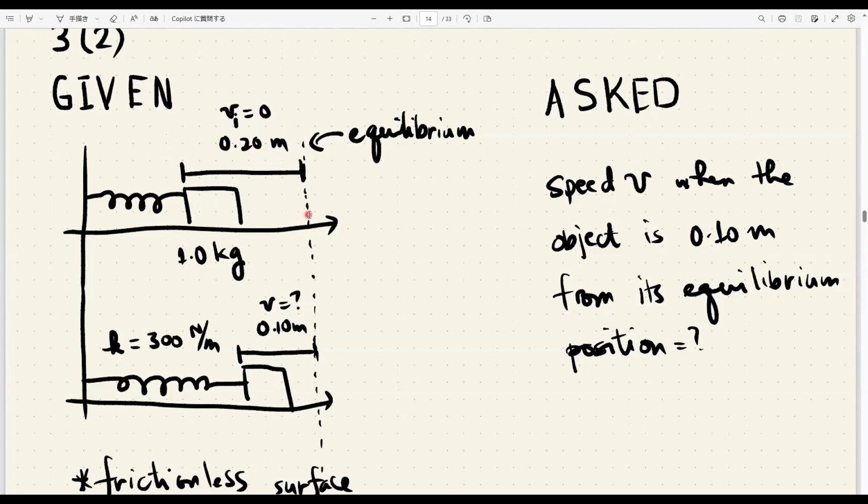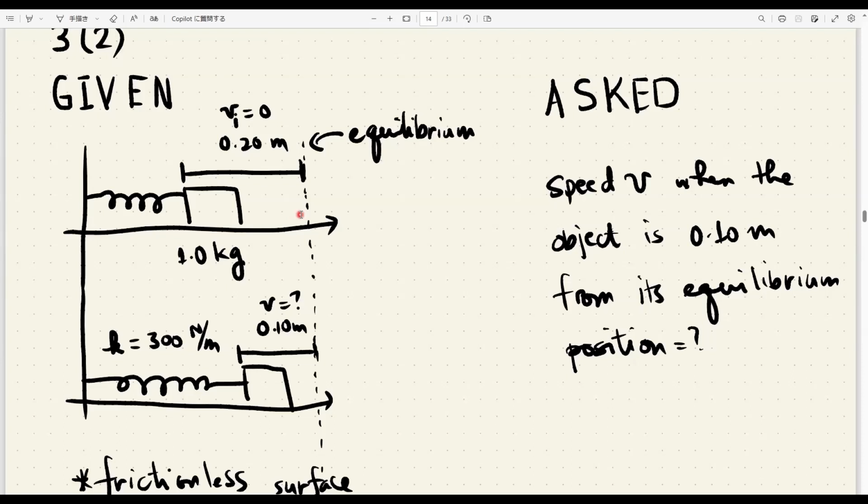If we recall, the equilibrium position is the position of the spring such that it experiences no force, so it will not move. If you put the spring at rest and you don't compress it, you don't stretch it, that's the equilibrium position.